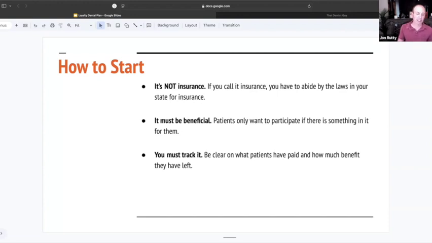The last thing is you just want to make sure that you track it. Sometimes I have offices that only charge patients the fees when they come in, and that's one way to do it. Another option is that they pay a one-time fee at the beginning of the year or the beginning of their calendar year, and then they will be charged again over the course of time.